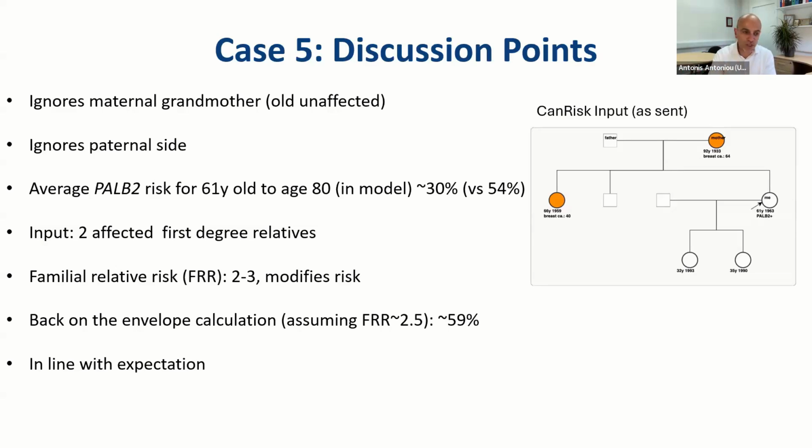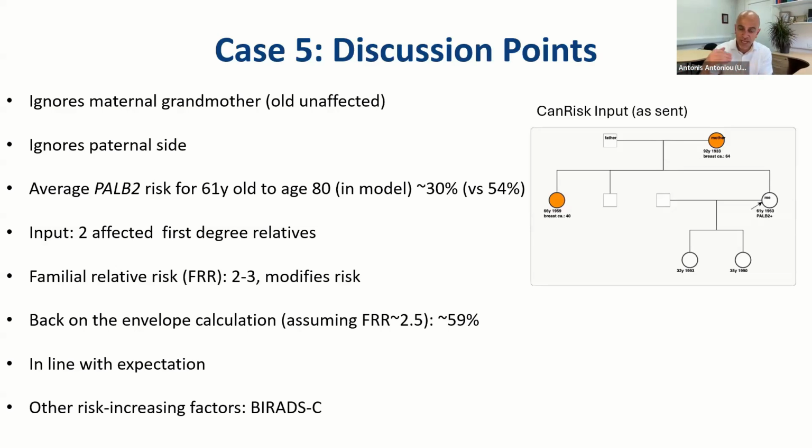That's why you see this increase. The other aspect here is that the BI-RADS information was entered on this PALB2 carrier, and it's BI-RADS C, which is increasing risk further. So this is another factor that seems to be increasing risk in this particular example. So this is explained, I would say.